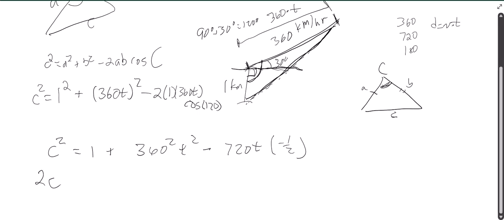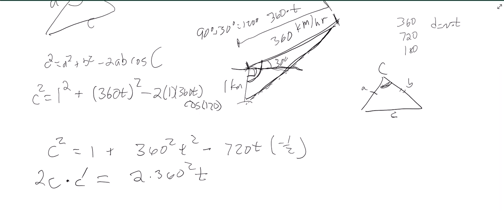That'll be 2c times c prime, because anytime I take the derivative of something that's not time, I have to follow it with a prime, equals the derivative of 1, which is 0, plus the derivative of 360 squared t squared, which is 2 times 360 squared t, and then this was -720 times -1/2, so that would be plus 360t. When I take the derivative of that, I get plus 360.